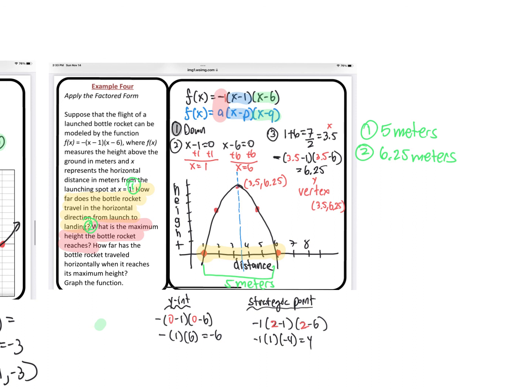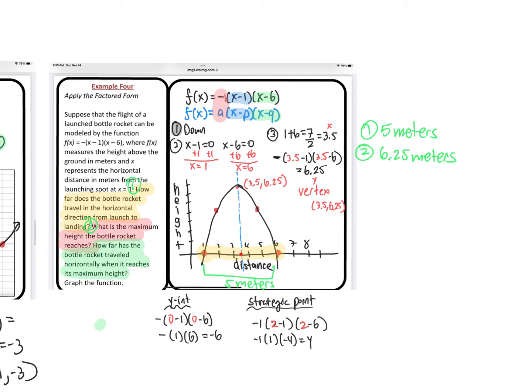Okay, and so let's take a look at the very last part. It says, how far has the bottle rocket traveled horizontally when it reaches its maximum height? We know that it's gone vertically 6.25, but it's traveled 3.5, which is the x value of the vertex.